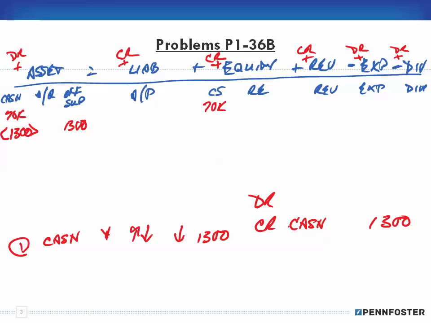So if I have a credit to cash, debits must equal credits, so I have to debit something else. And what is that? Well, office supplies for $1,300. Okay, and notice that all I'm doing is moving from one asset to the other. That's why I have a negative 1,300.